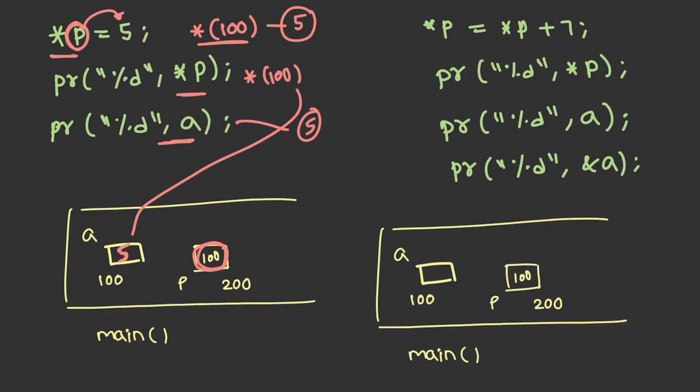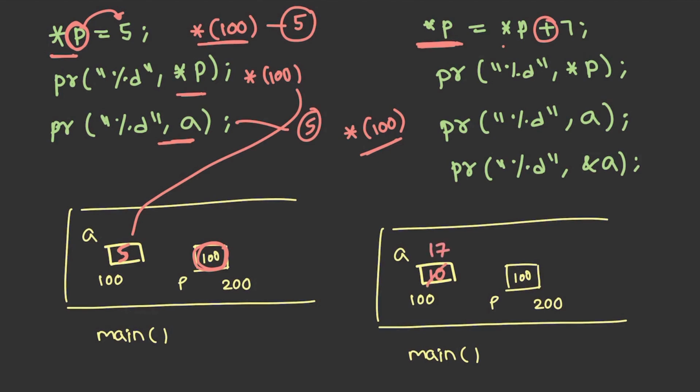Suppose, for example, we are trying to modify the value at this position. We are trying to modify the content at the location 100 and increment it by 7. Let's assume the value is initially 10 and it has been modified to 17 now.